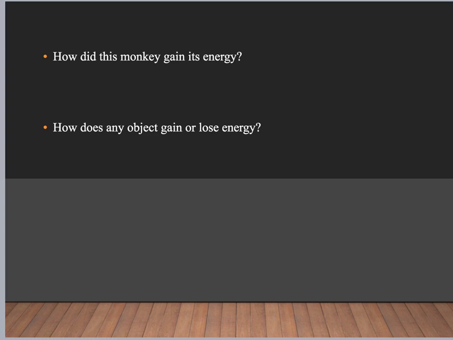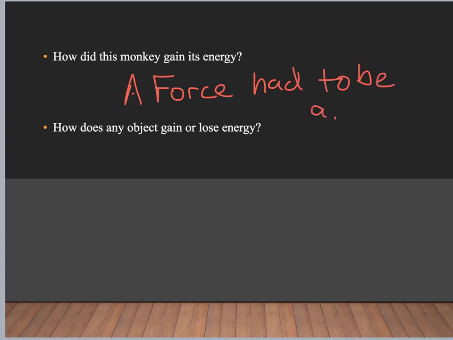In order for that monkey to gain energy and be raised up to that flagpole, a force had to be applied. If there was no applied force, there would have been no change in energy.